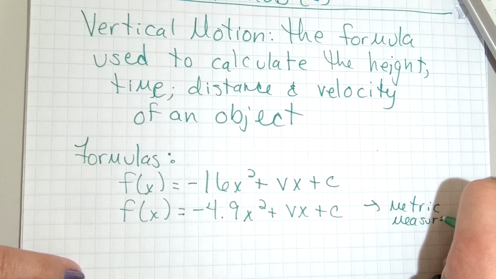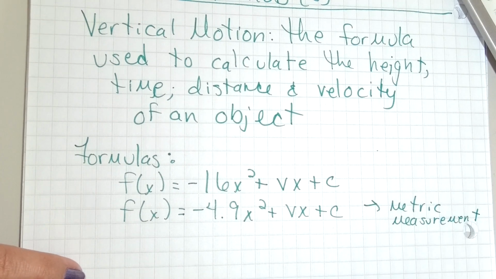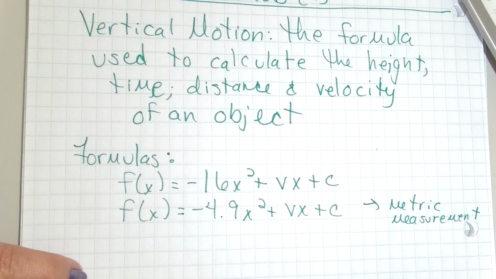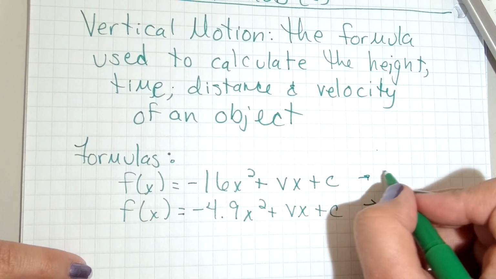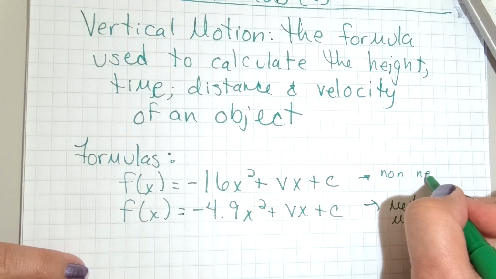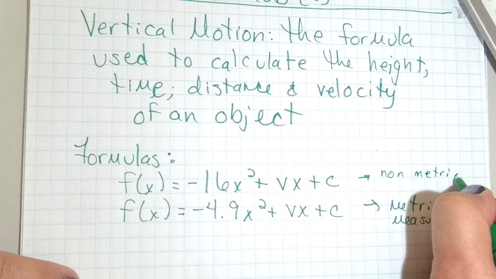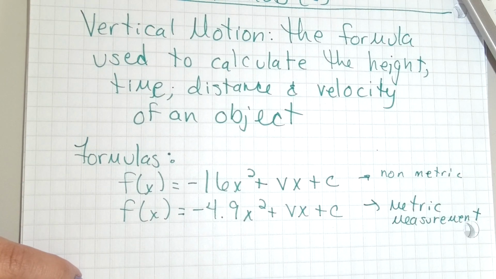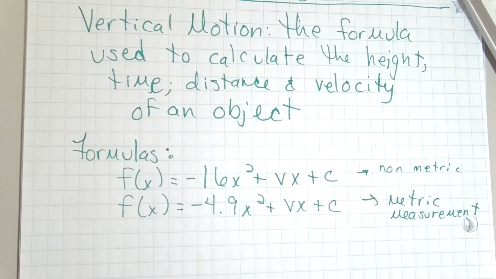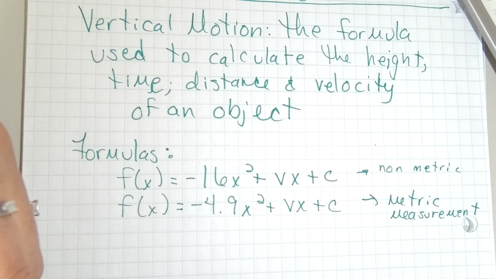Do we know what a metric measurement is? No? Okay. So meters, centimeters, millimeters, anything like that is metric. Okay? We'll use the top one for non-metric. Feet, yards, inches. Okay? As of now, for tomorrow's assessment, you're going to be given the formula that you're going to use. When we come back, you're going to have to figure out which formula to use based on the context, okay?